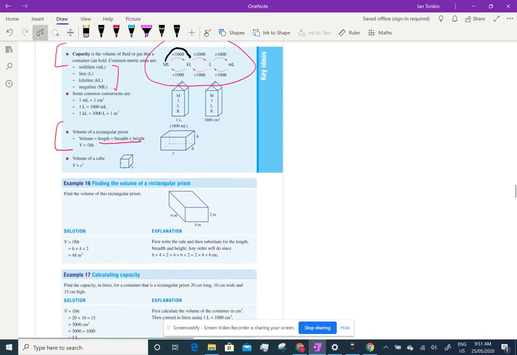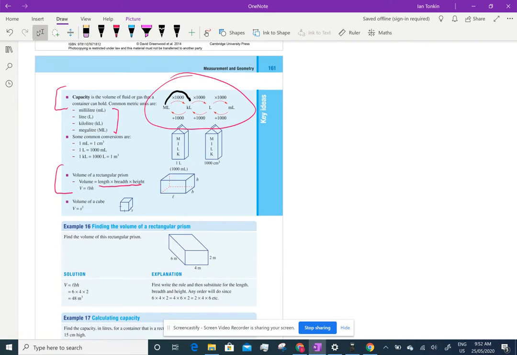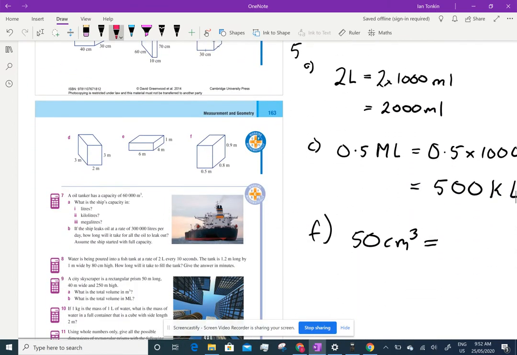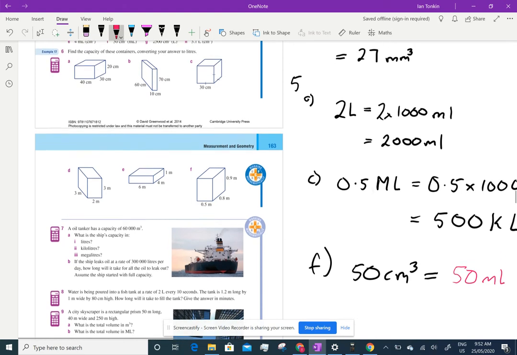So I'll go up here, and this is the other thing you probably need to write down. 1 centimetre cube equals 1 mil. Okay, so if I go down here, 50 centimetres cubed, well, that's the same. It's 50 mils. And notice we use a small m for mils, because if we use a big M, they'll think it's megalitres, so small m. So that wasn't too hard.